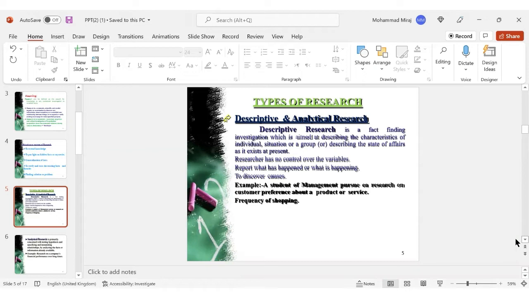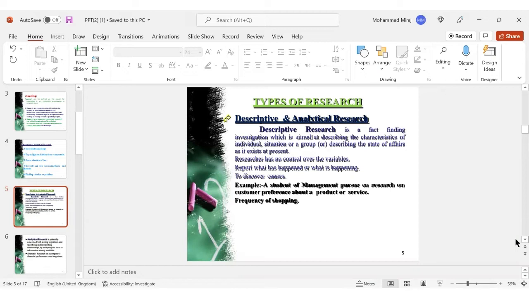So you are describing the characteristics of an individual or a situation or a group, describing the state of affairs as it exists at present. And here the researcher has no control over the variables.